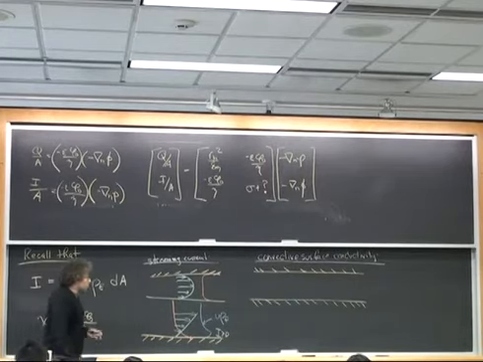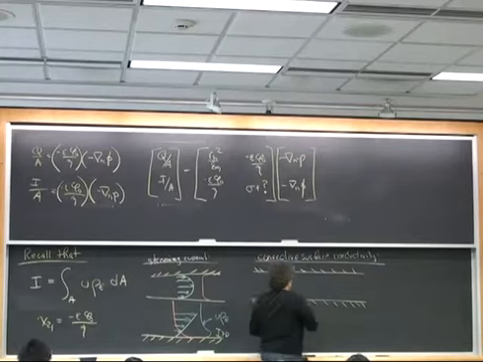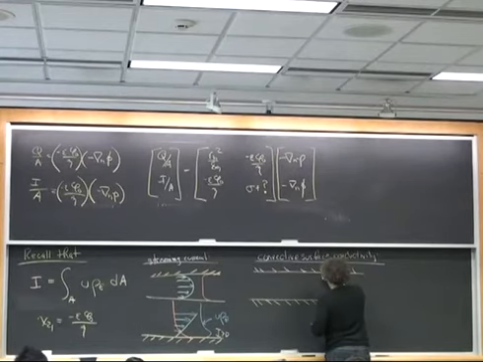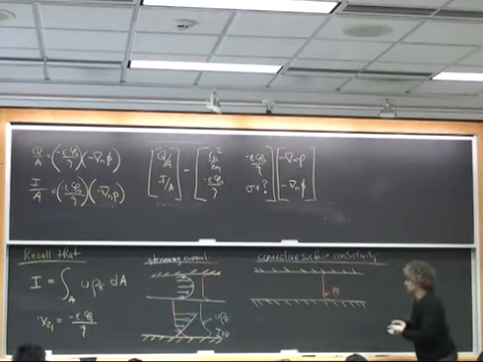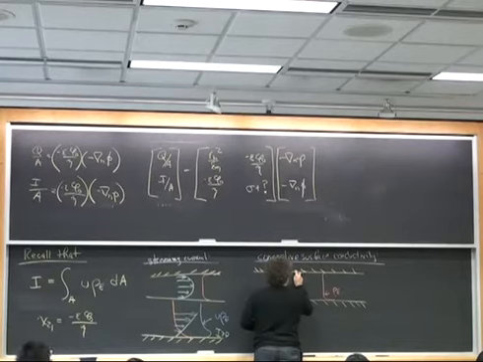Now, if we consider the case where we have an electroosmotic flow, my rho e is unchanged, but my velocity distribution looks quite different.